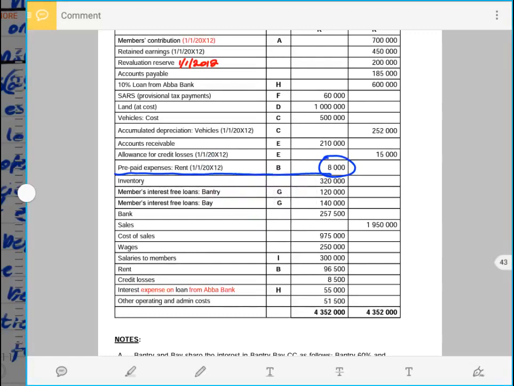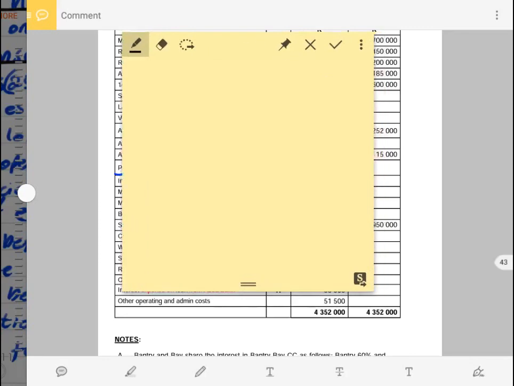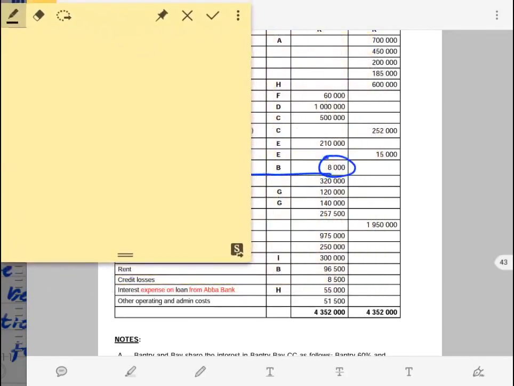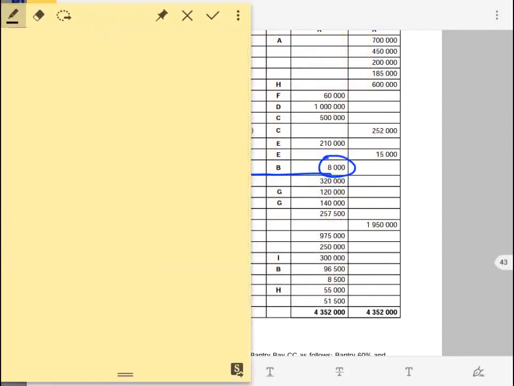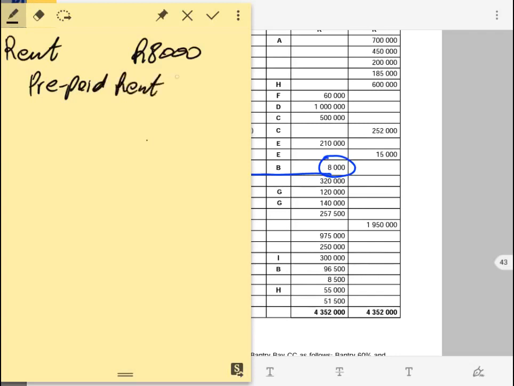Let me just open my note to write on whenever I need the calculations. So now, when we are doing a reversal for the rent, we debit rent by 8,000 rands and we credit prepaid rent expense, prepaid rent by 8,000 rands.